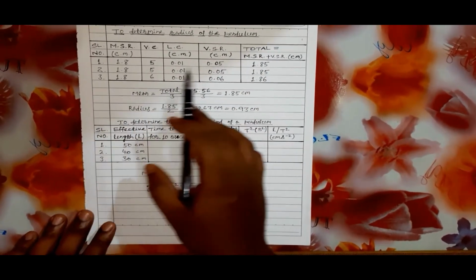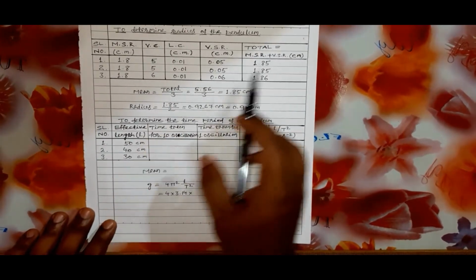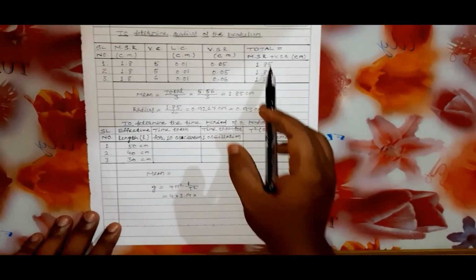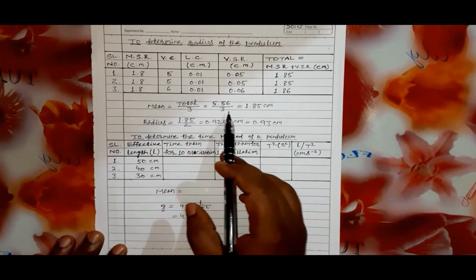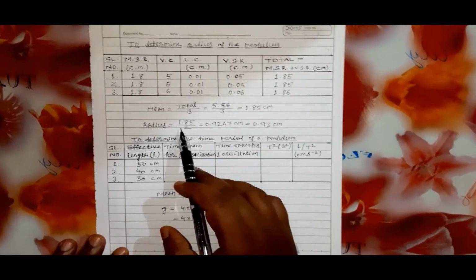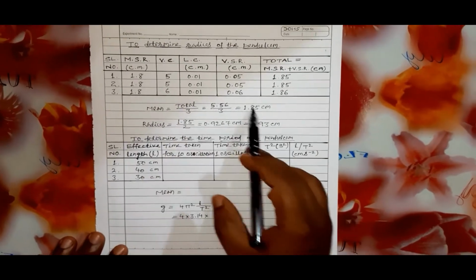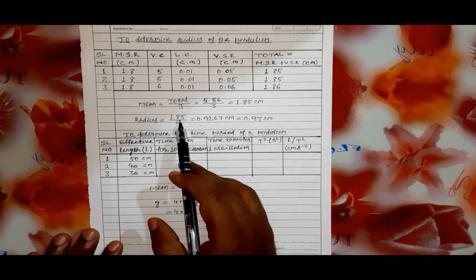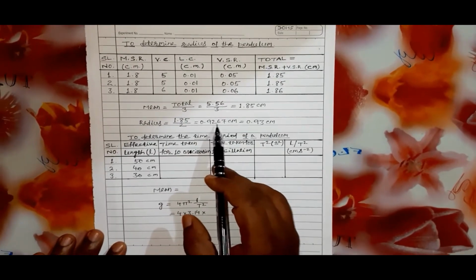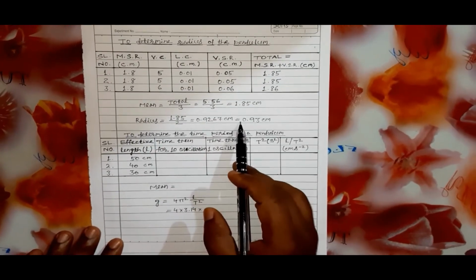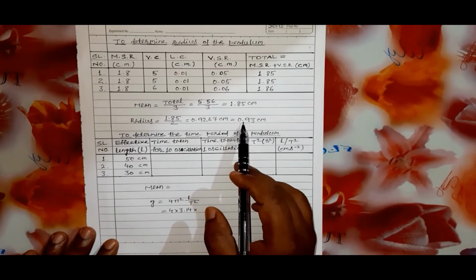We add all these values, then find the mean, which is the diameter. So radius is equal to 1.85 by 2, which is 0.9267 centimeter, approximately 0.93 centimeter.